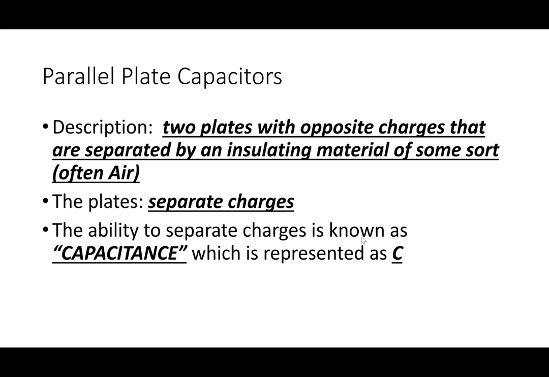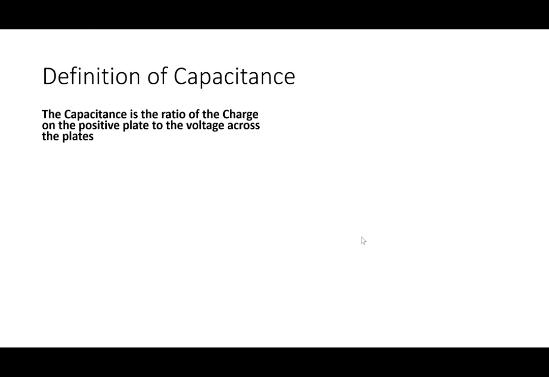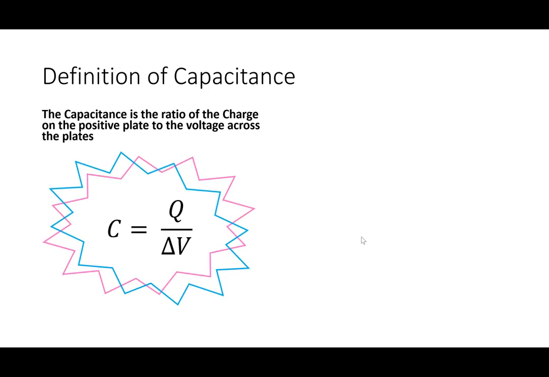And their ability to keep these charges separated from each other is a quantity called capacitance, which we represent with a capital C. Now, capacitance is basically defined as the charge on one plate, the positive plate typically is the way we think about it. It's always a magnitude of charge, divided by the voltage across the plates.